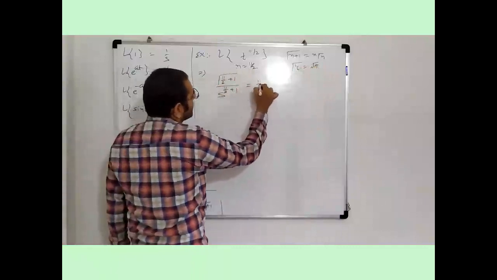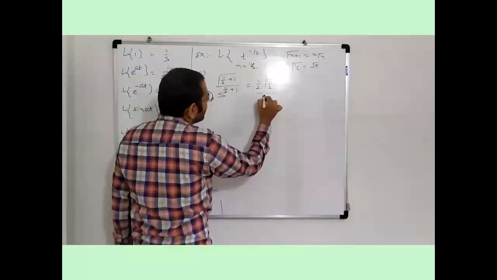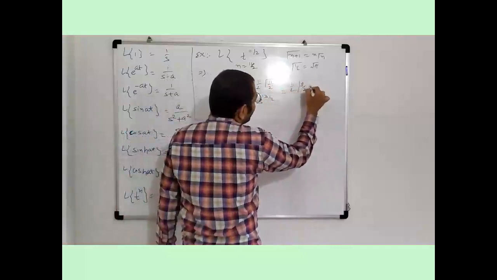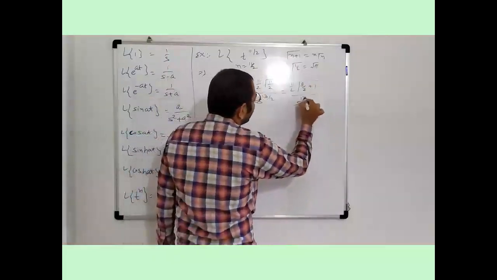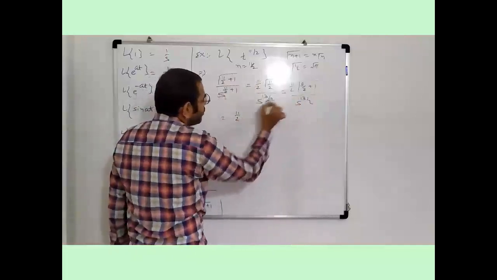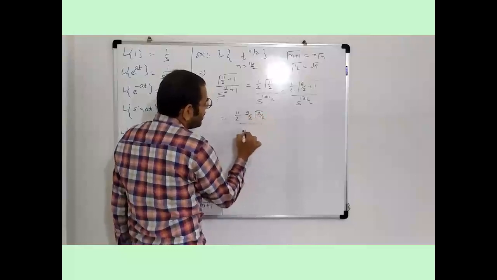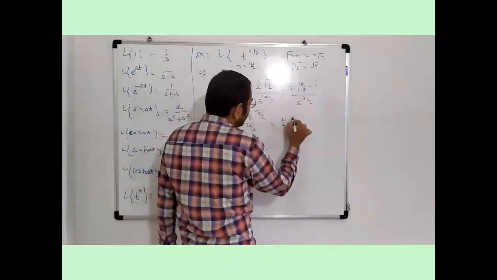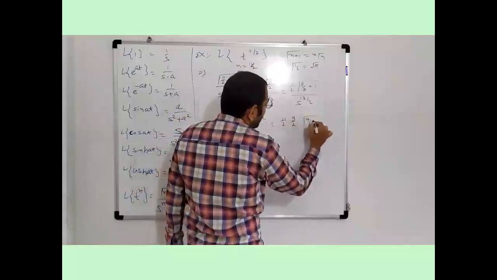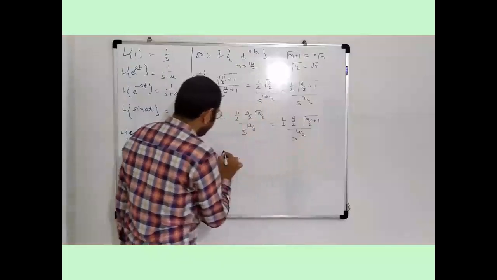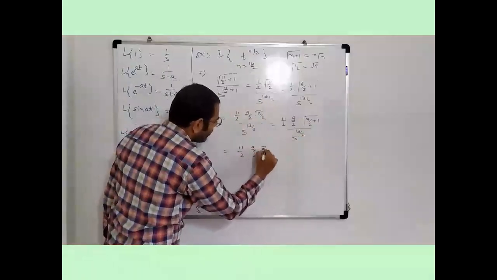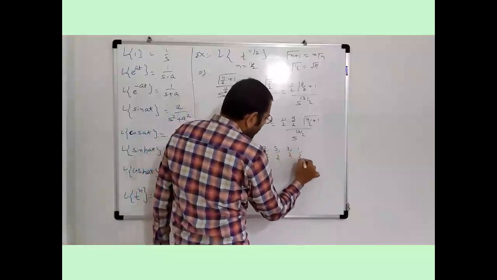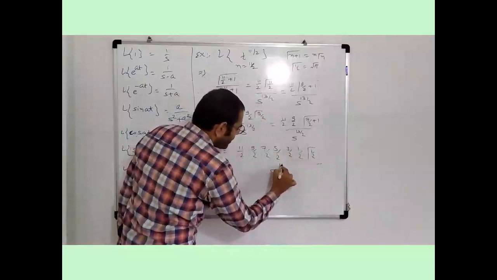Substituting, gamma 13/2 equals 11/2 gamma 11/2, which is 11/2 times 9/2 gamma 9/2, then 7/2 gamma 7/2, then again simplifying, 5/2, 3/2, 1/2, gamma 1/2. The denominator portion is s raised to 13/2.